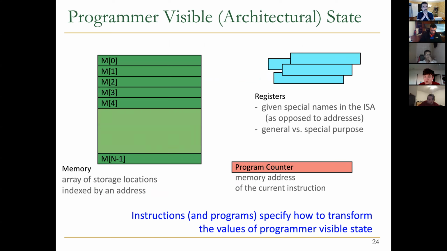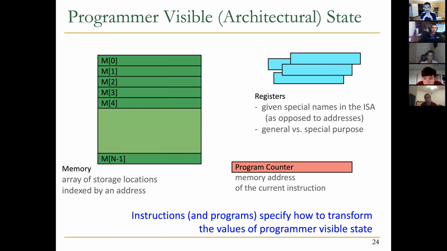And this is the state of the system from the programmer's perspective. This is what programmers see. It sees memory, so you have an array of memory address locations.